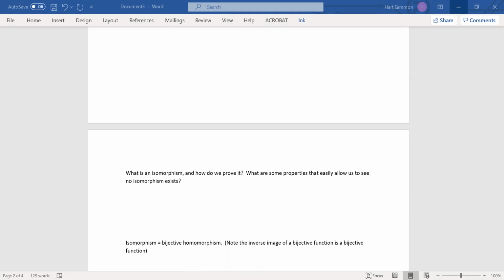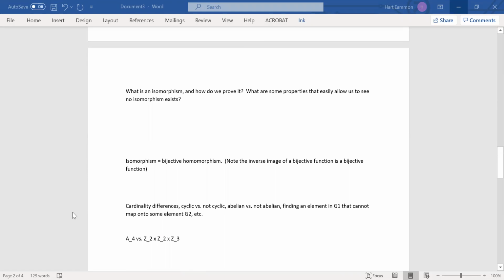Yeah, the number of generators. Actually, I think that those three are all of them. So cardinality. I did cyclic versus not cyclic, but finding the number of generators for the group is actually just a more general way of doing that.